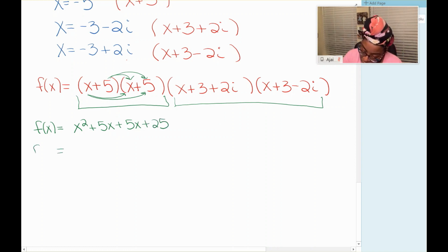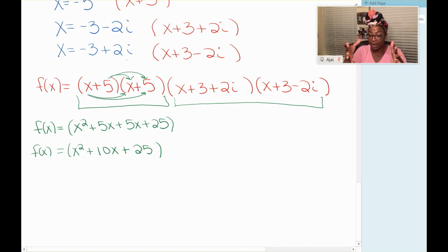And I want to combine my like terms. So that's going to be x squared plus, no, not 25, 5 plus 5 is 10. 10x plus 25. Okay. So that's the first two multiplied together. I got x squared plus 10x plus 25.